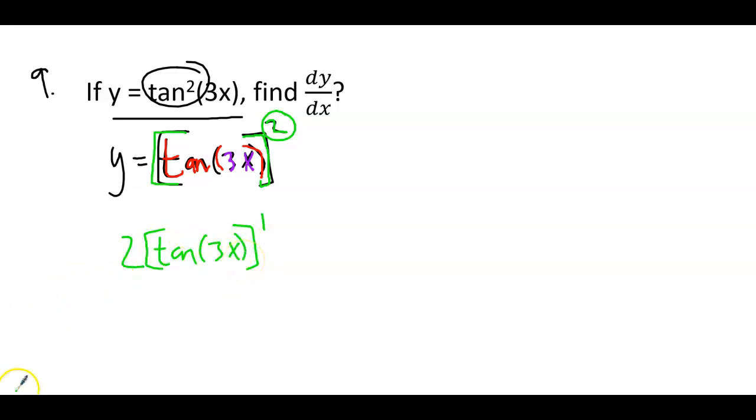Next, we're going to do the derivative of the middle function. That's the tangent. The derivative of tangent is secant squared. Next, we're going to do the derivative of the inside function right there, and that's 3. And the only thing I would say that we really need to worry about here is multiplying the 3 and the 2 together.